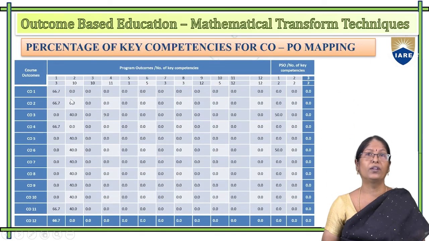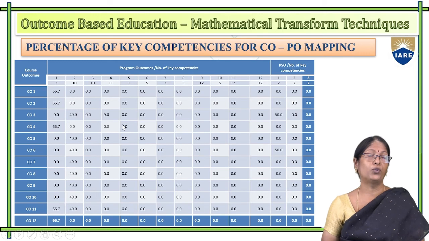The connected one is 66.7, that is 2 divided by 3 into 100, whereas here 4 divided by 10 into 100, here 1 divided by 11 into 100, and here 1 divided by 2 into 100. This is the way the percentage calculation is done.